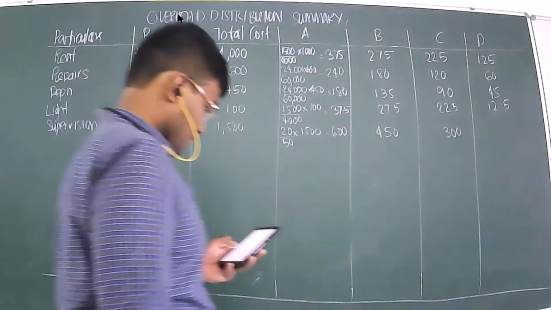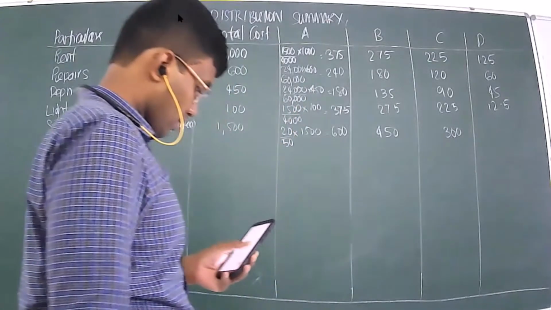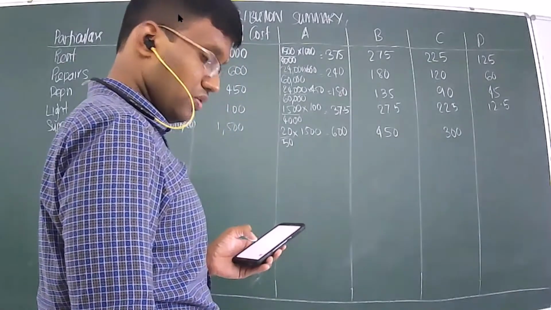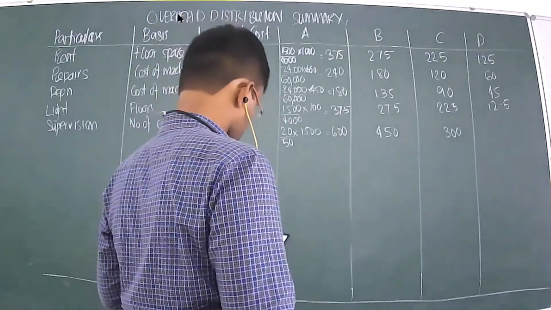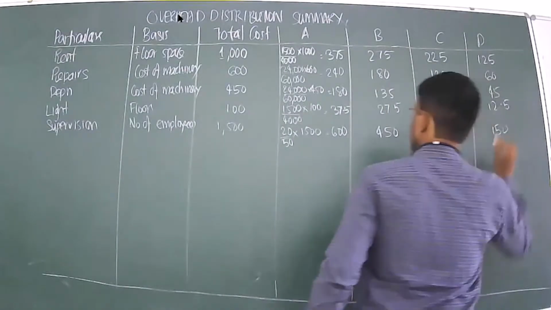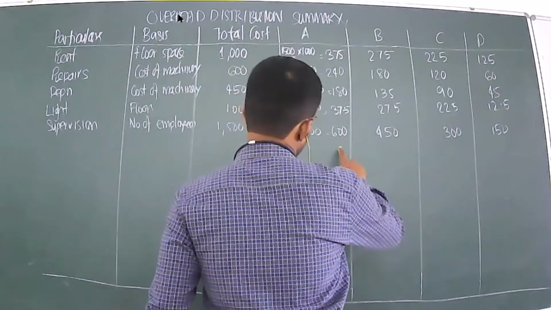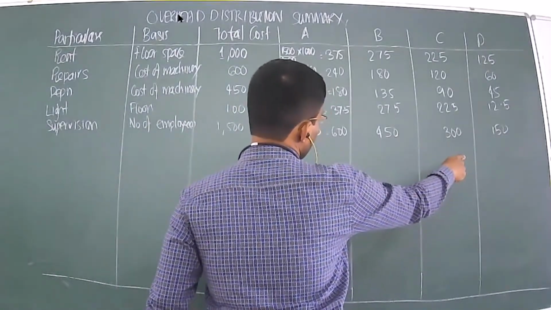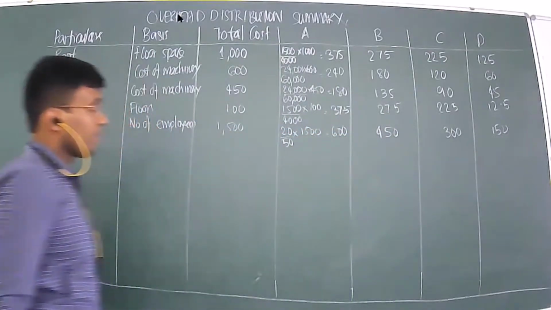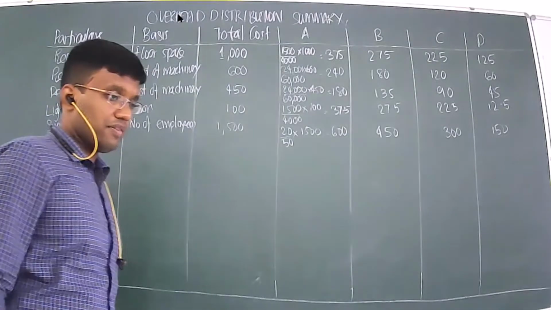And then finally, for the last one, we have 5 employees. So 5 divided by 50, and that into 1,500. This will be 150. If you add up all these amounts together, it corresponds back to the 1,500. So we have completed the apportionment of supervision cost.